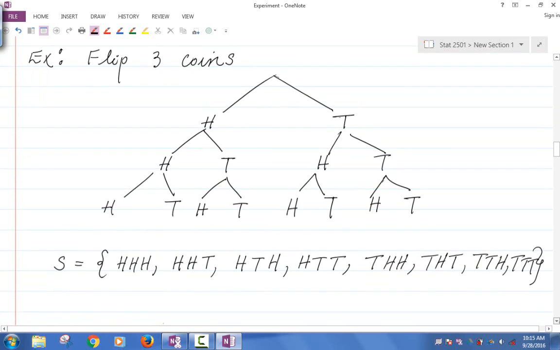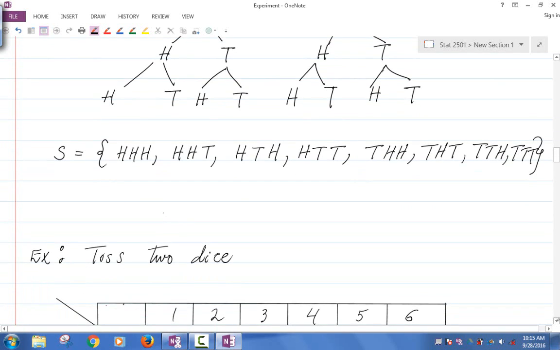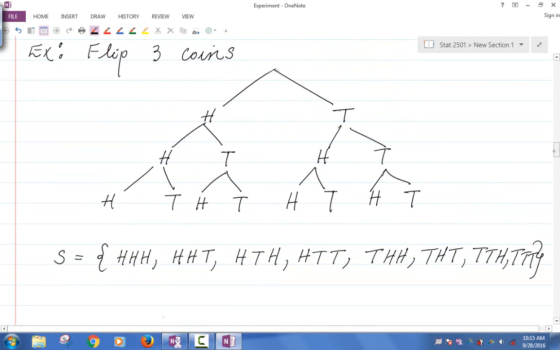Now, how many outcomes do we have here? Well, notice that the order of S is 8, which is the same as 2 cubed, right? And we can just count it by using the counting principle. So you have results from 3 coins.